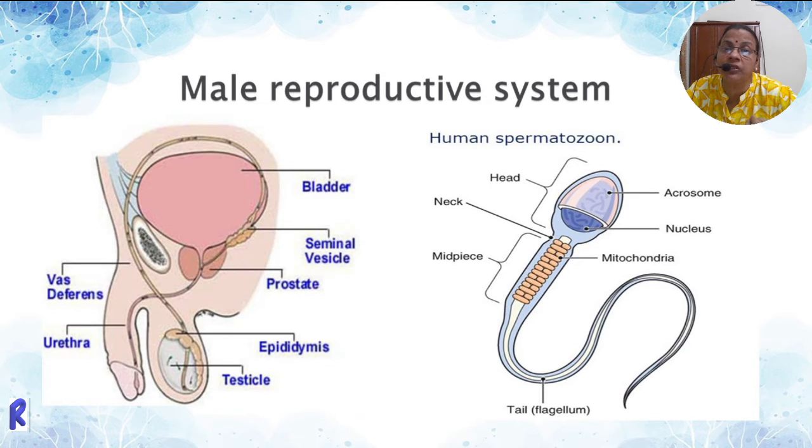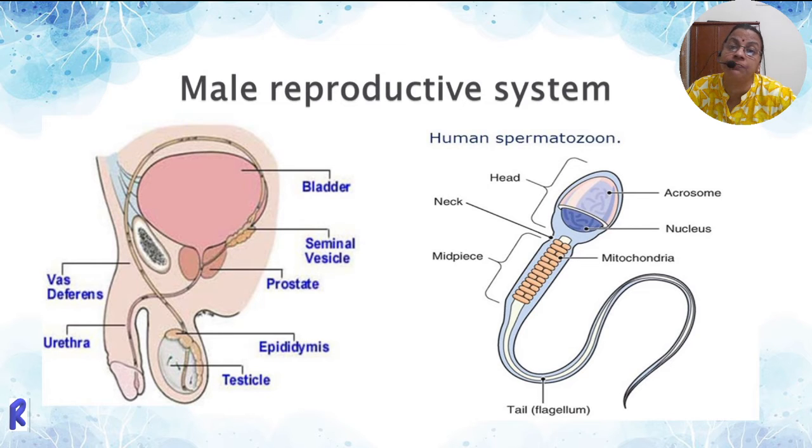Each sperm is the sex cell or the gamete of the male. It consists of a head, neck, middle piece, and a long tail. The structure we can compare to a tadpole. Once it is discharged through the penis into the vaginal tract, the collection of sperm and the fluid part, semen, moves into the female tract with the help of the tail.